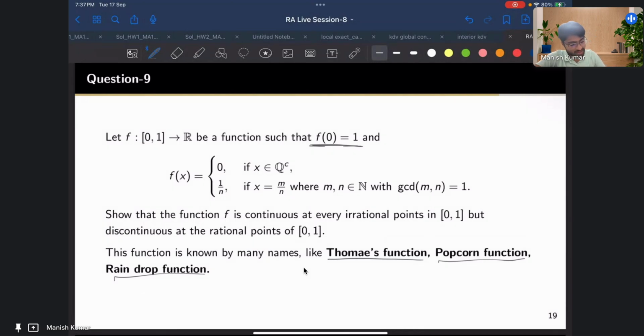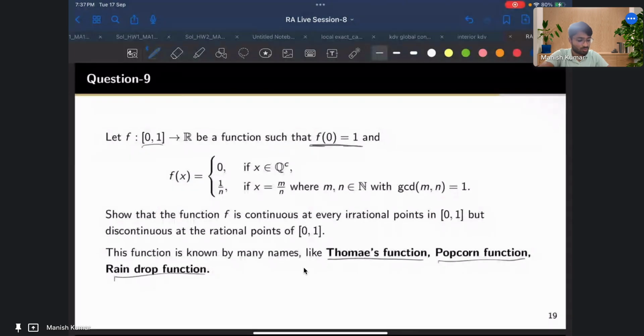If x is a rational number, then x is equal to m by n, the form of a rational number where the GCD of m and n is 1. Since we are in (0,1), m and n are natural numbers, so we don't need a negative sign. Then you define the function as 1 by n. When x is irrational, then you just put f to be 0.